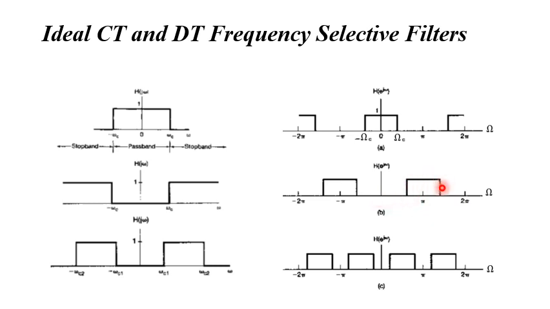That means the pass band of the high pass filter will be around pi. It will repeat around 3 pi, around 5 pi, around 7 pi, and so on. Similarly, in the negative case, the high frequencies are those around minus pi, around minus 3 pi, around minus 5 pi, and so on.